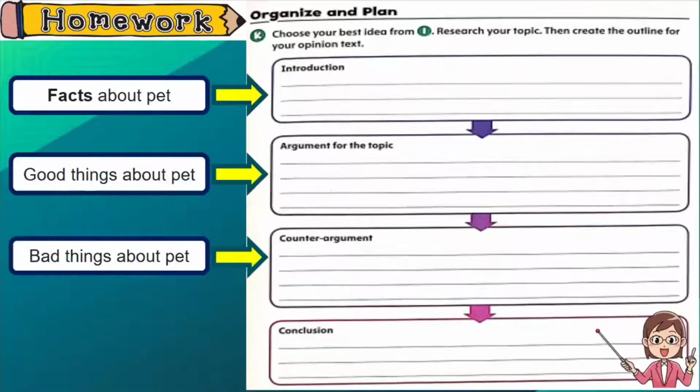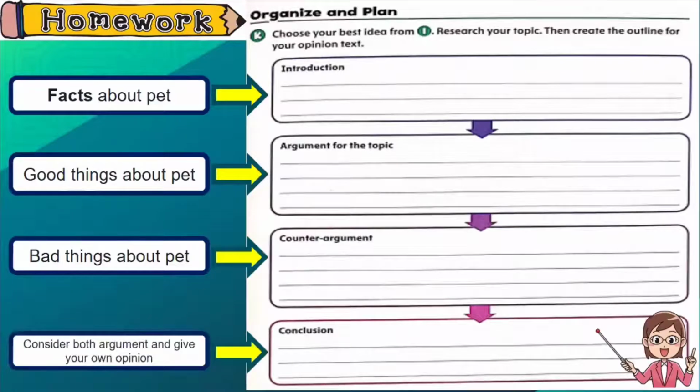And for the last paragraph, okay, considering both arguments, give your own opinion. So you consider now the good or bad, and that is your general thought. Okay, so you can start with, in general, I believe that. So this one is about you already.